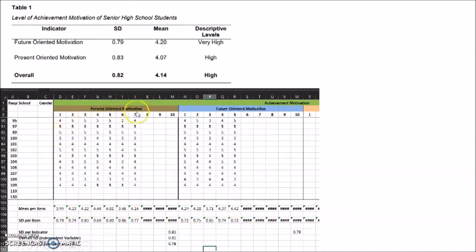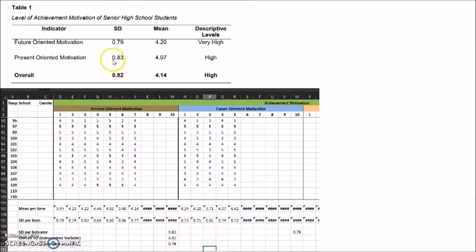In the first indicator, item number 1 has a mean of 3.99, up to the last item, item 7, with a mean of 4.14. These are the standard deviations. This is the standard deviation per indicator, and this is the overall SD of variable 1 and the overall SD of variable 2, the 0.79. Okay?